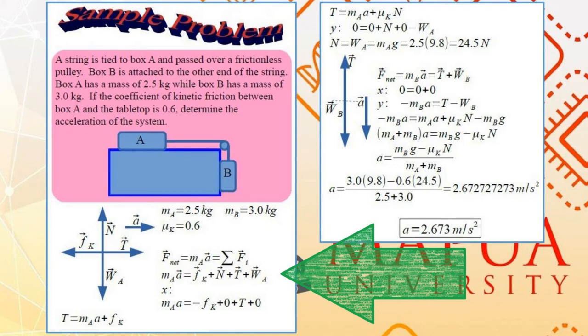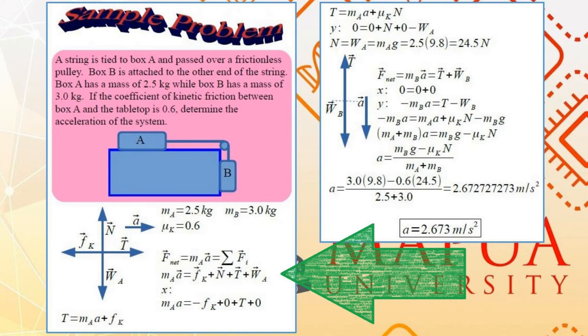Since the system is accelerating, F net is equal to m a, and F net is the summation of all the forces: m_A a is equal to F_k plus N plus T plus W_A. In the x component, m_A a is equal to negative F_k plus 0 plus tension plus 0, since normal force and weight A are vertical.